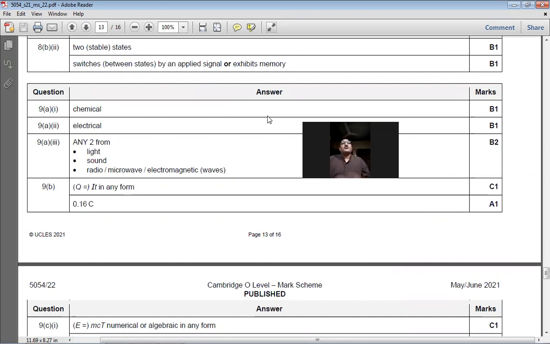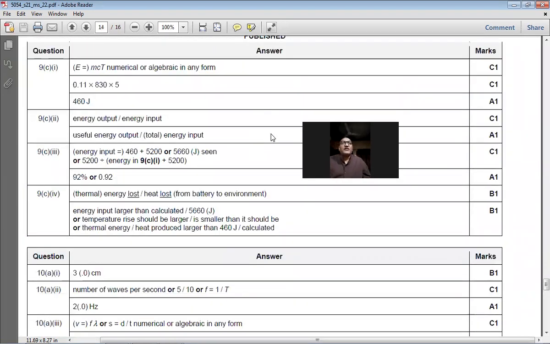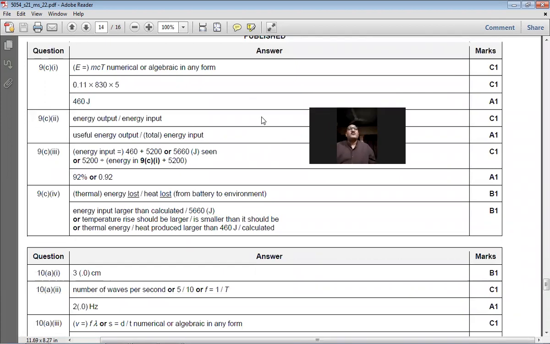So this is question number 9, A part and B part, and you can pause the video and see them. And here we have question number 9, its C part, so you can pause the video and have a good look at this marking scheme.